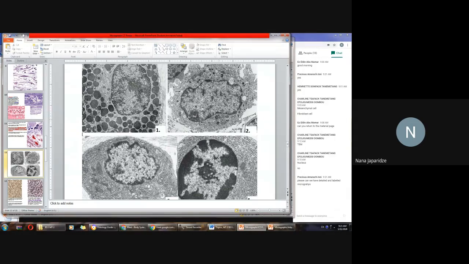I think it is enough for this question. I mean, labeling and numbering. What do you mean when you write me, please, can we have detailed and labeled micrographs?